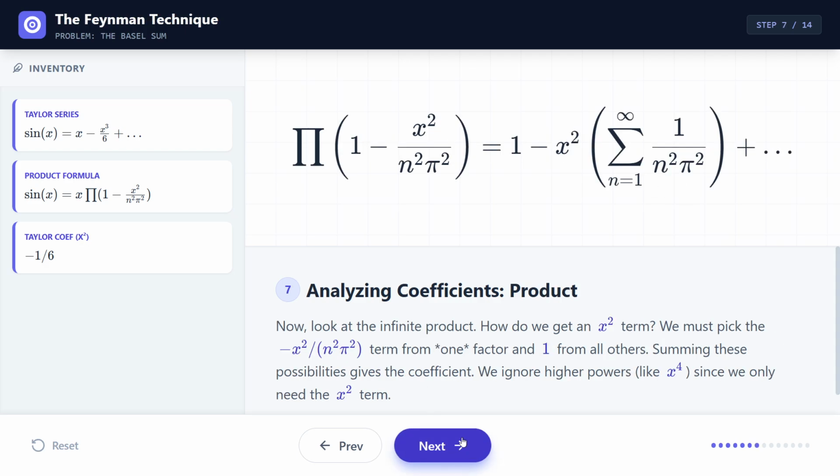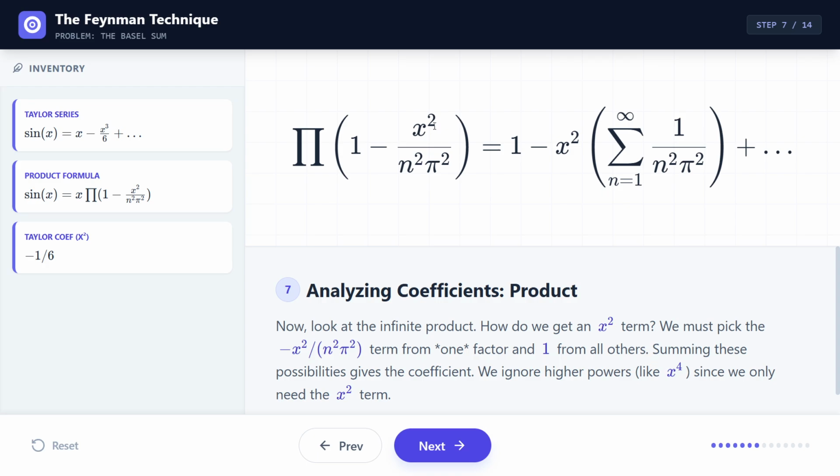All right. Now let's look at the coefficient in front of our x squared term in our product. What is that going to be? Well, how are we going to get an x squared? It's a little bit more difficult because now we're multiplying things together, but let's think about it. If we keep multiplying things of this form together forever and ever, there's only going to be one x squared term.